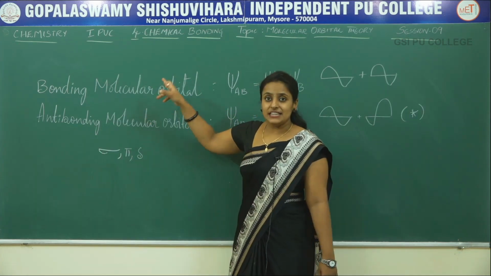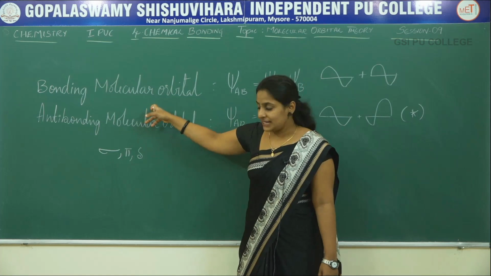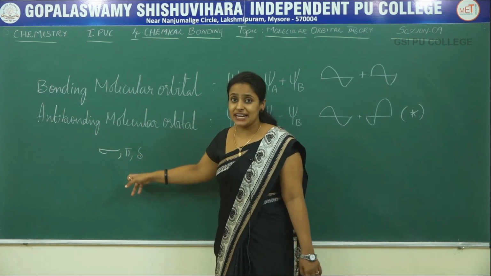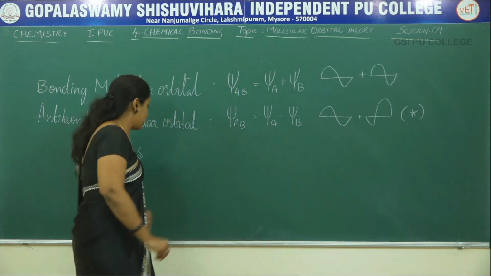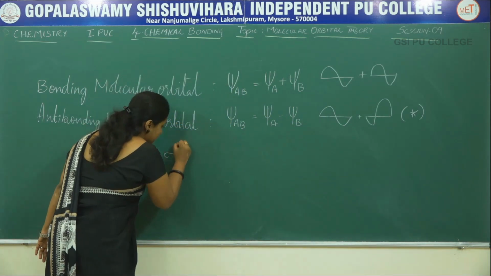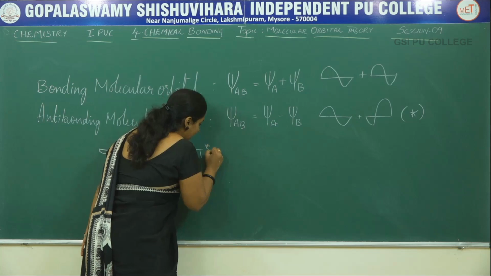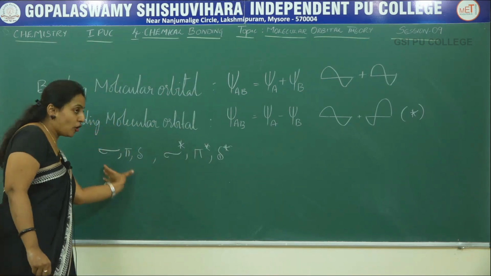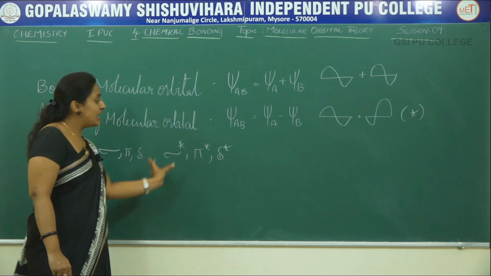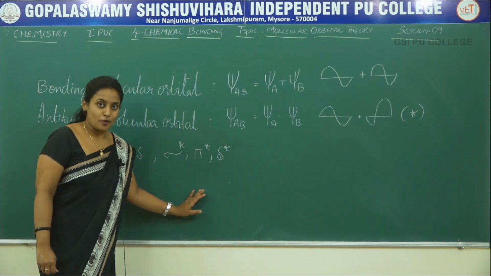We can represent the bonding molecular orbitals as sigma, pi, delta, whereas we can represent the anti-bonding molecular orbitals as sigma star, pi star and delta star. This is how we represent bonding and anti-bonding molecular orbitals.